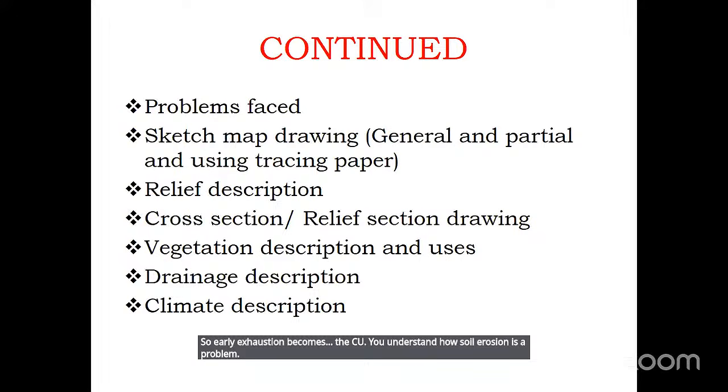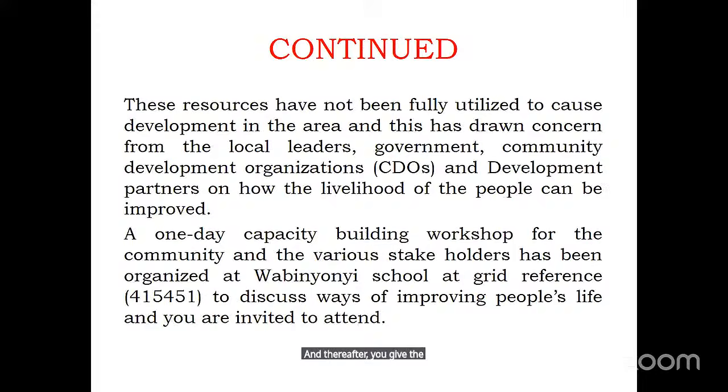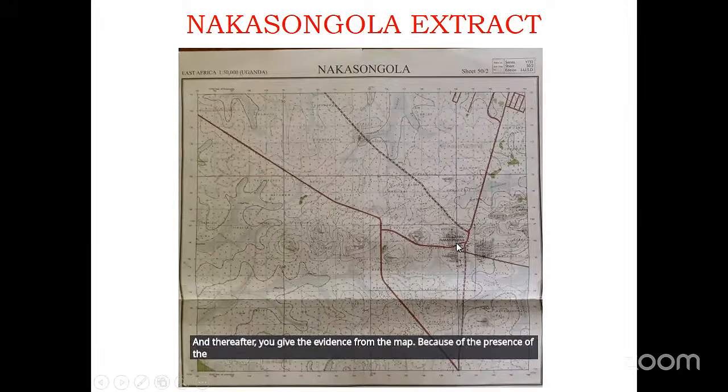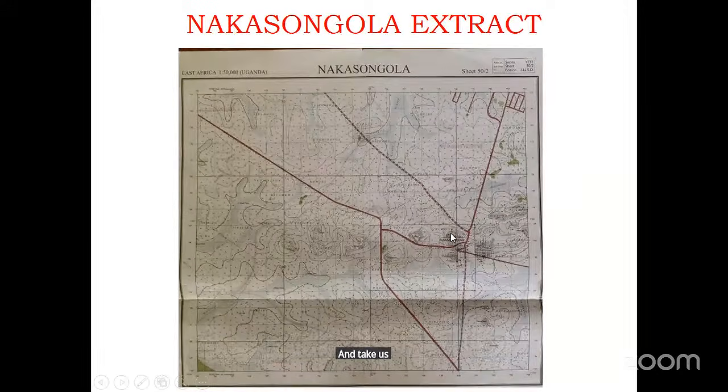And thereafter, you give the evidence from the map because of the presence of the hills, and take us to the hills. Give an example of the hill on the map. When you look at this point here, there is a forest. This forest can be an evidence of dangerous wild animals.